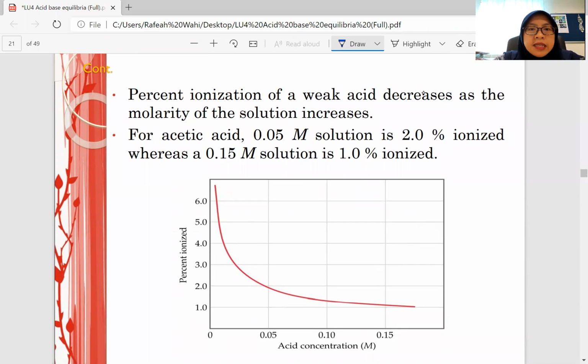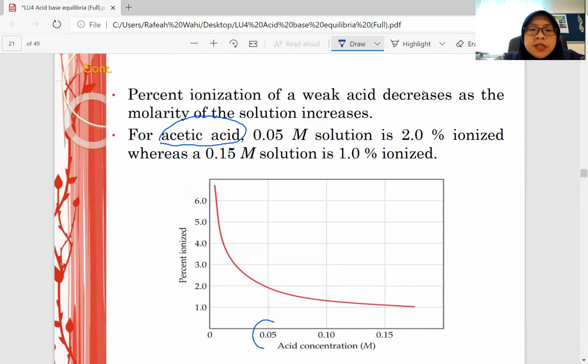If you look at the case for acetic acid, a type of weak acid, if you look at the graph here for 0.05 molar solution, 2% ionization of acetic acid is observed. However, if the concentration increased to 0.15 molar, you can see that the percent ionization decreased to 1%.